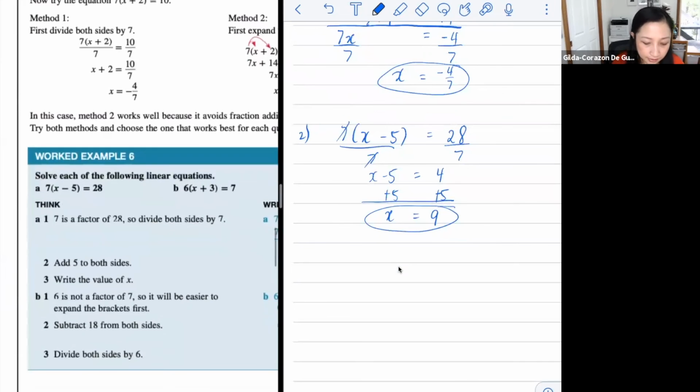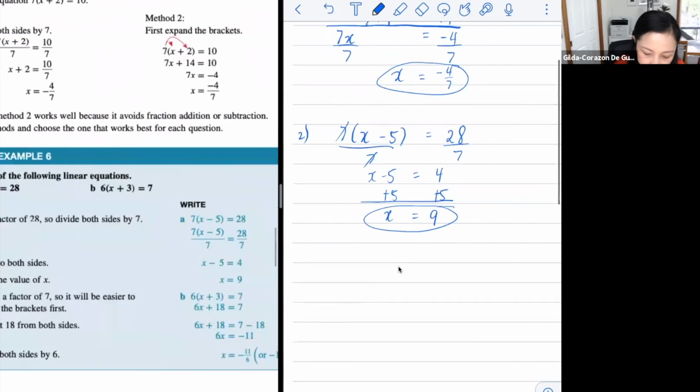Okay, let's have that last example there. Question 3, 6 multiplied by x plus 3 equal to 7. Now look at 6 and look at 7. Can you divide 7 by 6 equally? No, you can't. And therefore, the better method would be to use method 2, which is expanding the 6 to each of the terms.